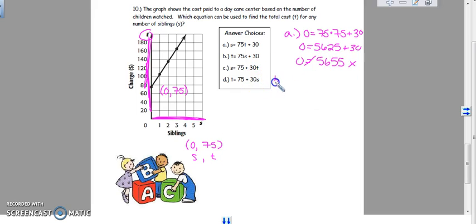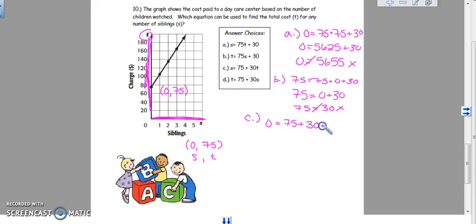Let's take a peek at B. T, which is 75, equals 75 times my S, which is 0, plus 30. So 75 equals 75 times 0 is 0, and 0 plus 30 is 30. Nope. C. S is 0 equals 75 plus 30 times my T, which is 75.